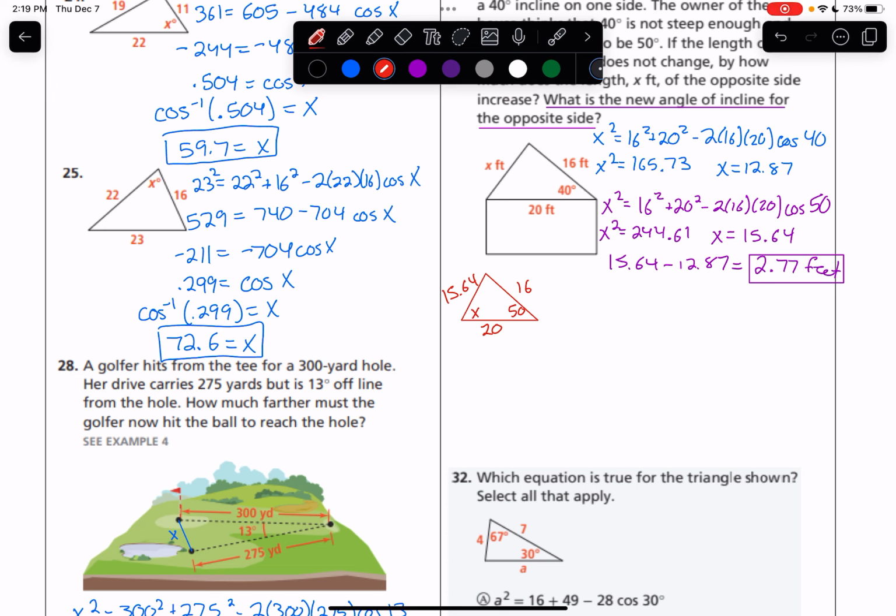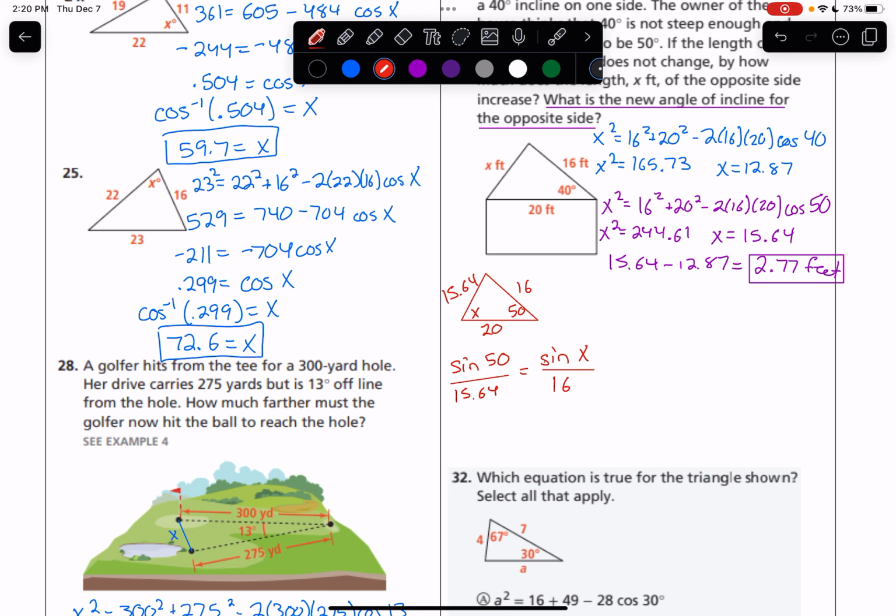This is a problem where we happen to know an angle-opposite side pair, which means we can use the law of sines to get this problem done much easier by saying the sine of 50 over the opposite side, 15.64, is equal to the sine of x, the opposite angle, over the opposite side, 16.